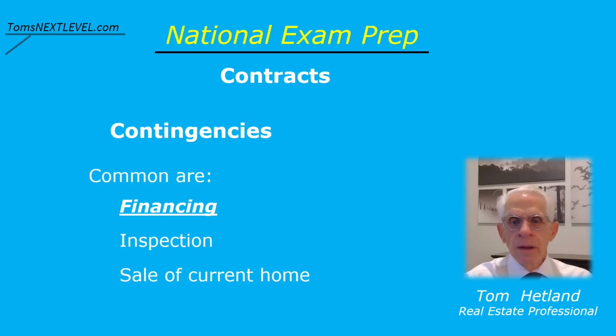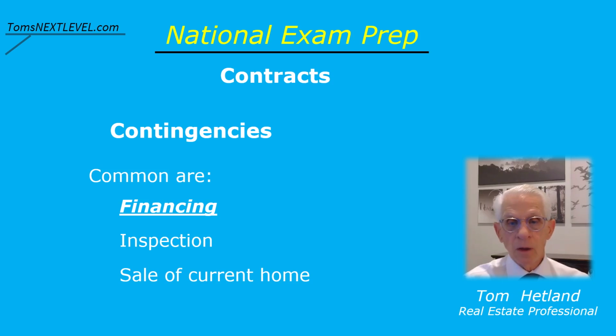Here's some more examples of those contingencies that we just talked about. All of these contingencies would be added to a purchase agreement offer as an addendum. The most common one is going to be financing. I'll agree to buy your house, but there's a financing addendum that says if I can't qualify for financing, you'll agree to cancel the purchase agreement and give me my earnest money back.